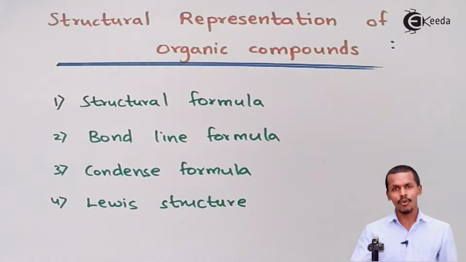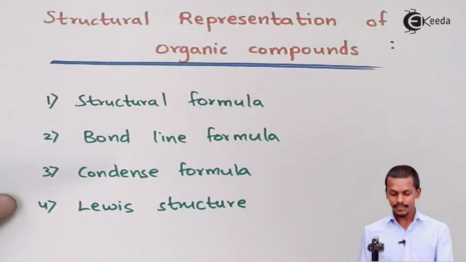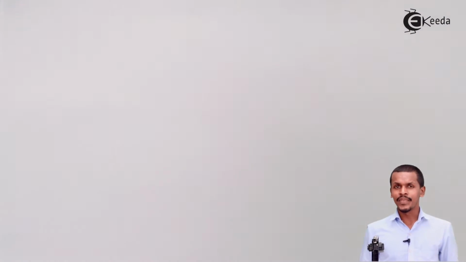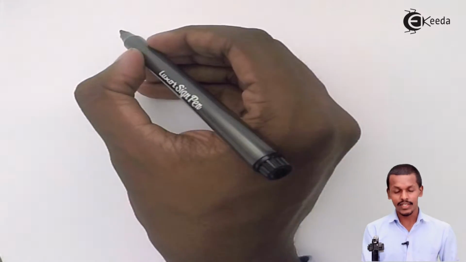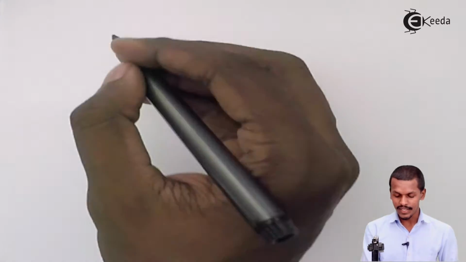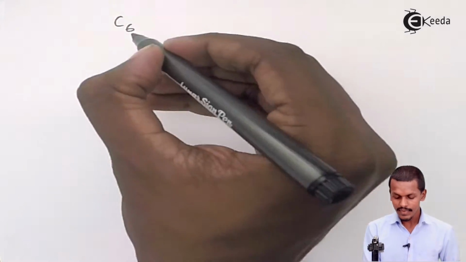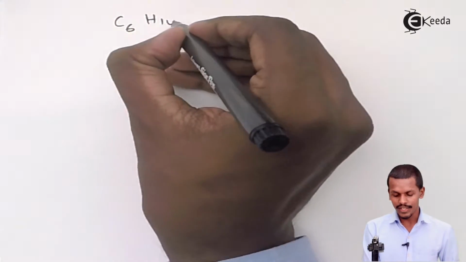Talking about the structural formula only, it gives us the detail of how many bonds are present between the two atoms. So starting with the first one, that is structural formula. For example, if we have to denote the structural formula of hexane, hexane has the molecular formula C6H14.